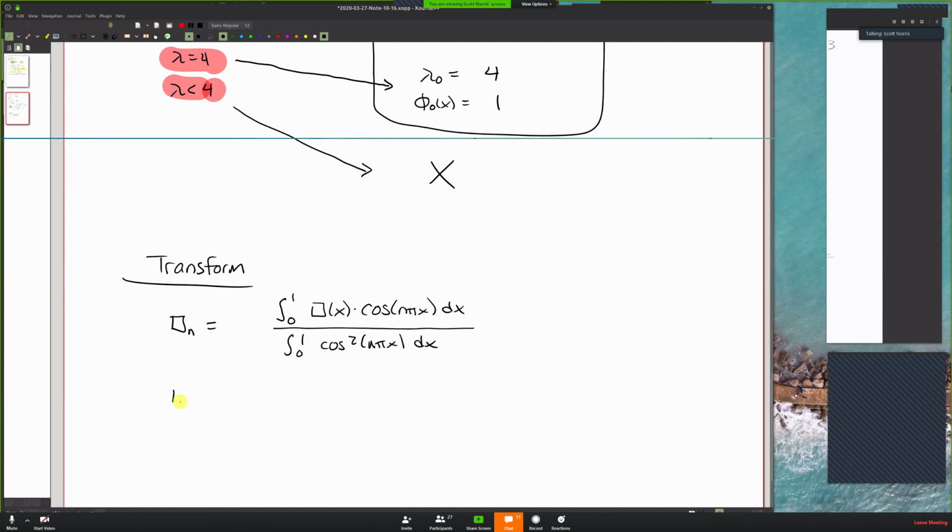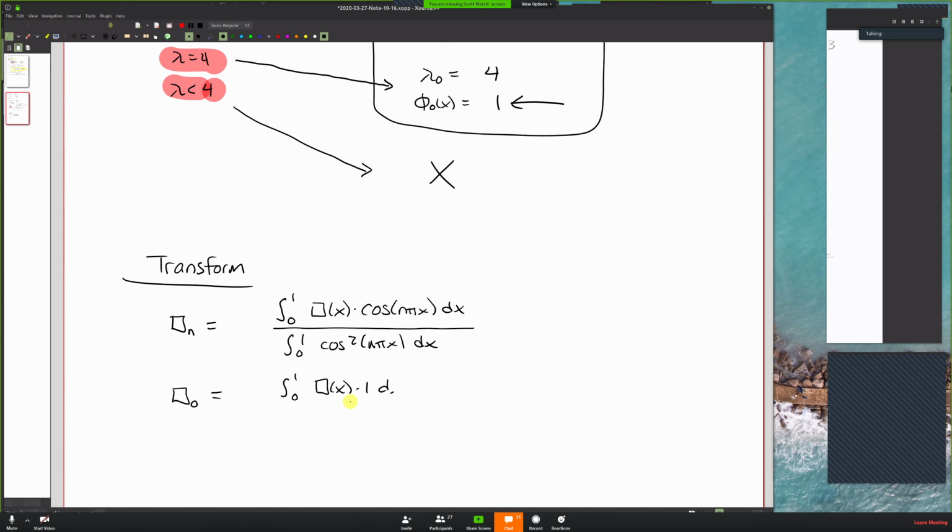But then that last one, that projection onto the eigenfunction phi equals 1, just has a different form. And so these 2 statements represent our transform.